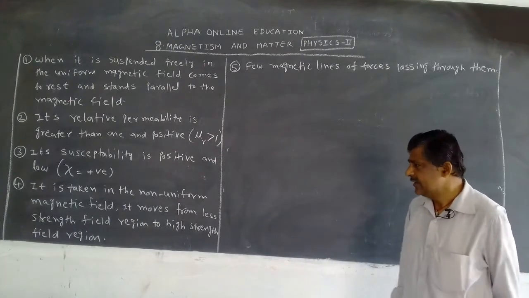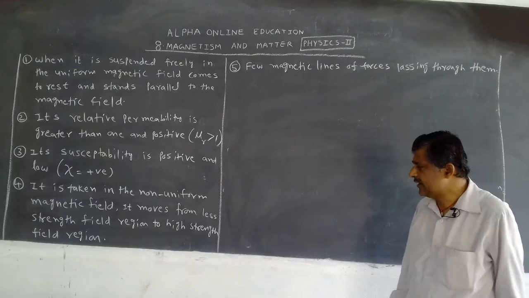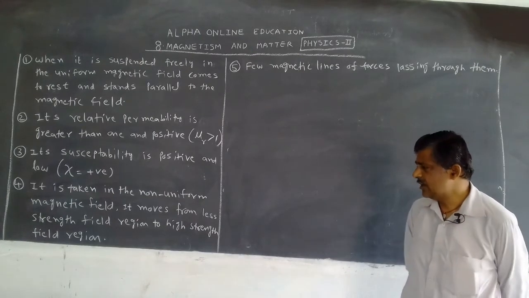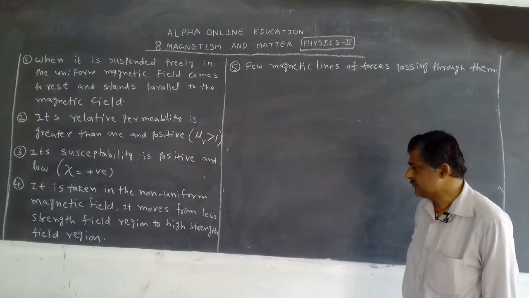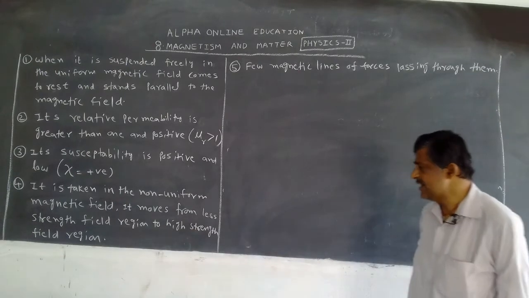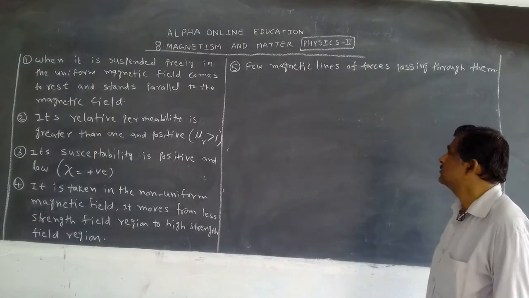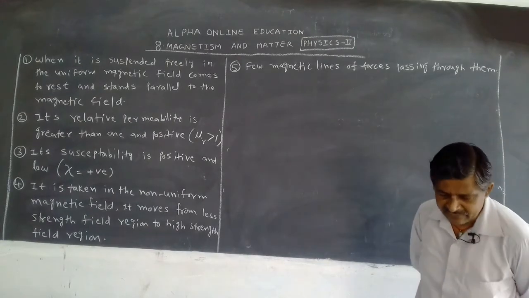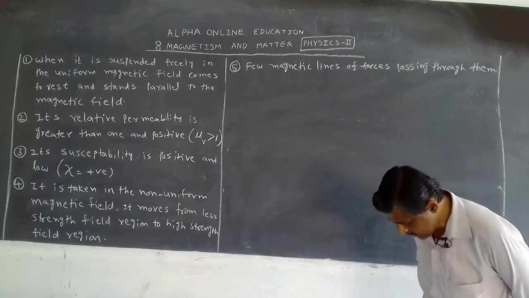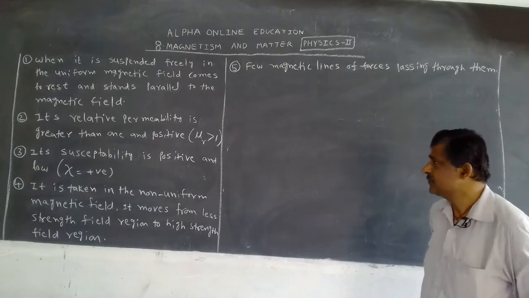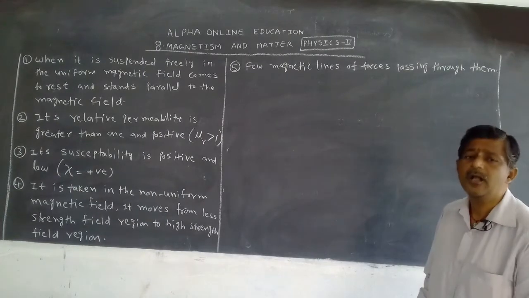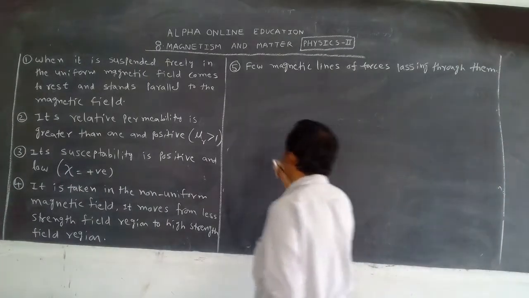Fourth one, it is taken in the non-uniform magnetic field, it moves from less strength field region to high strength field region. And the fifth one, when it is taken in the external magnetic field, few magnetic lines are passing through them. These are the properties of paramagnets.